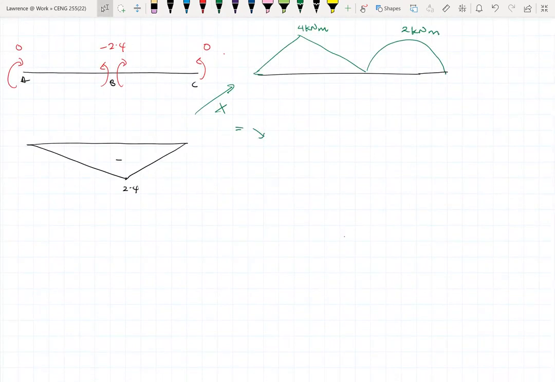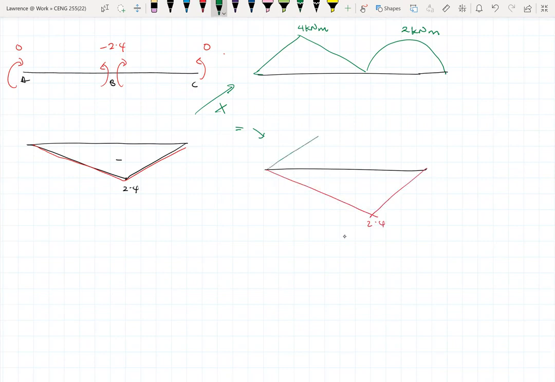So pretty much what we can do is that I have the beam again. Let me do this one as red, since that one's negative. So negative 2.4. And I have my red on it. Okay. Oops, this is too much. Okay, I think it's fine.